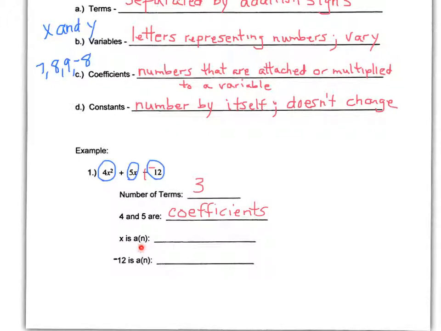X is a letter, so that makes X a variable. And then negative 12 is all alone, no letters next to it, no letters attached or multiplied, so it's never going to change. It's negative 12. That's called a constant.